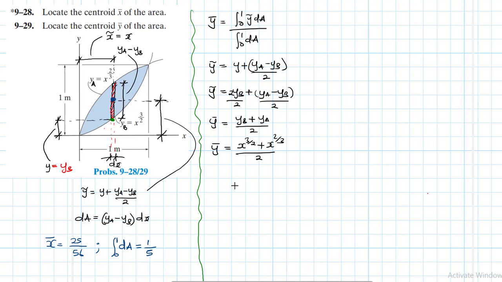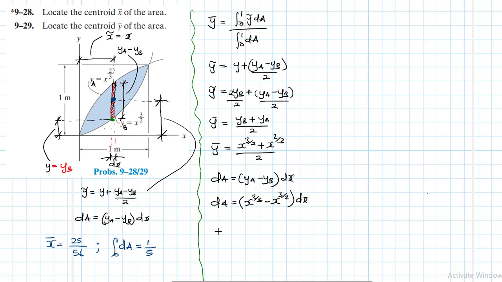Alright. Okay, and our dA, we said, is equal to (ya minus yb) dx, and therefore this is going to be equal to (x to the power 2 over 3 minus x to the power 3 over 2) dx.